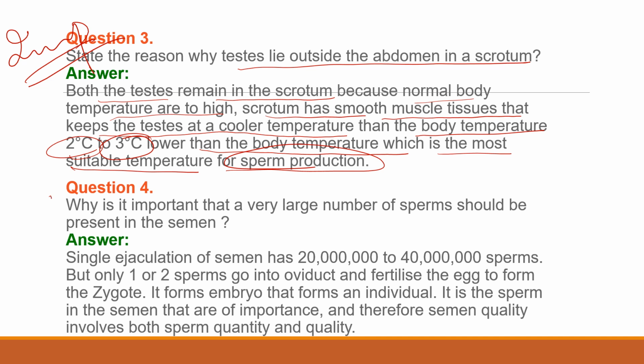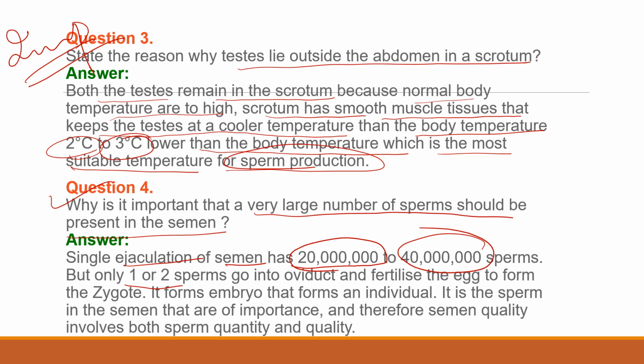So why is it important that a very large number of sperm should be present in semen? Because in a single ejaculation of semen there is only this much amount of sperms, but only 1 or 2 sperms go into the oviduct and fertilize the egg to form the zygote.